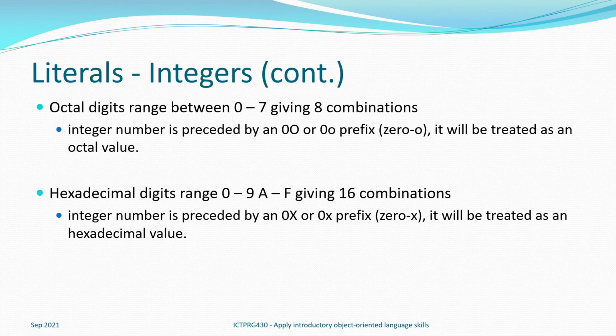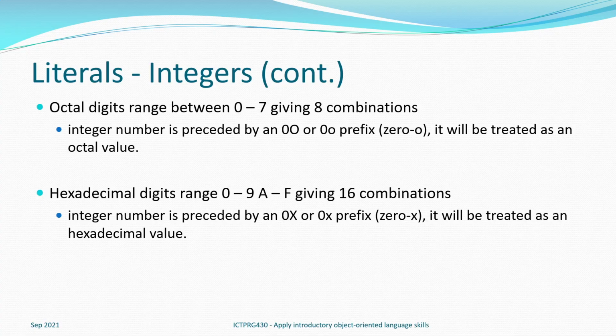So within good old Python, we will have different integer types. So we can have octal numbering, which is values between 0 and 7, giving a total of 8 combinations.